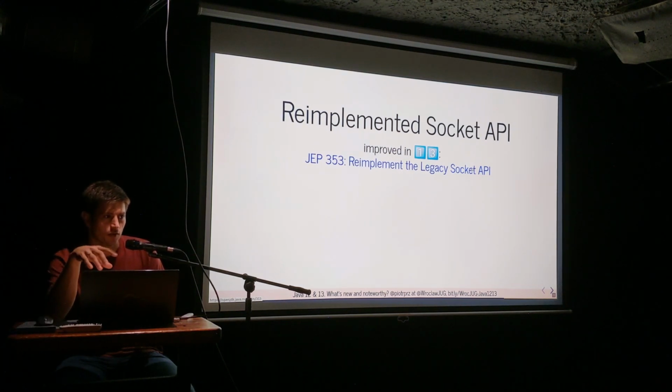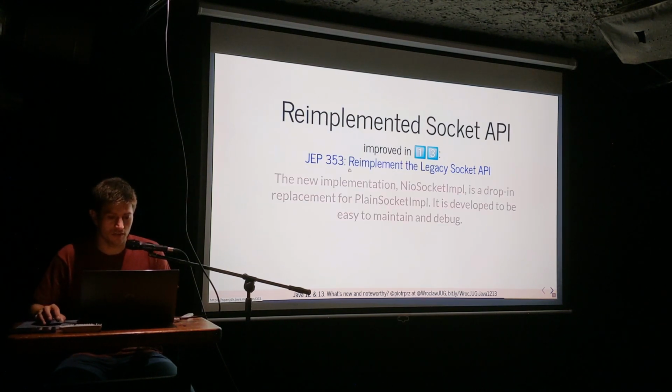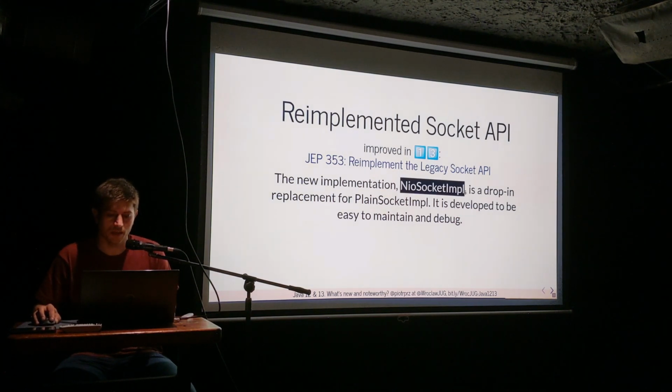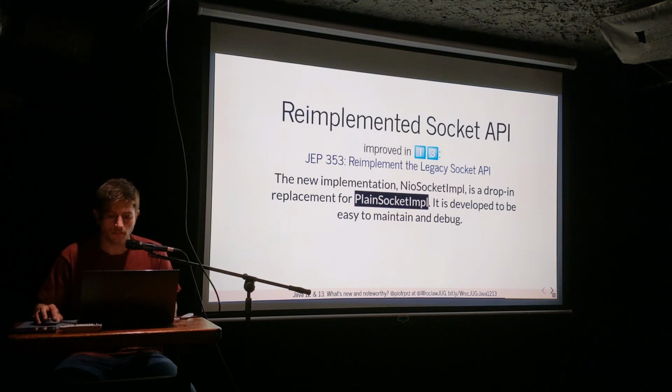So now, thanks to NIO, it got re-implemented. Although in theory it's portable across all the operating systems, it's a result of this JEP. And basically we have a new implementation, NIO socket impl, which is a drop-in replacement for plain socket implementation.